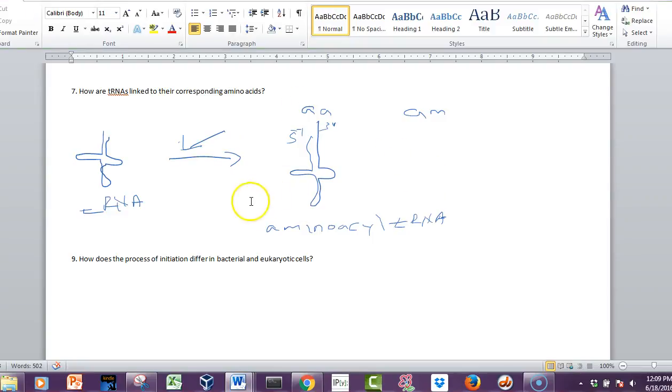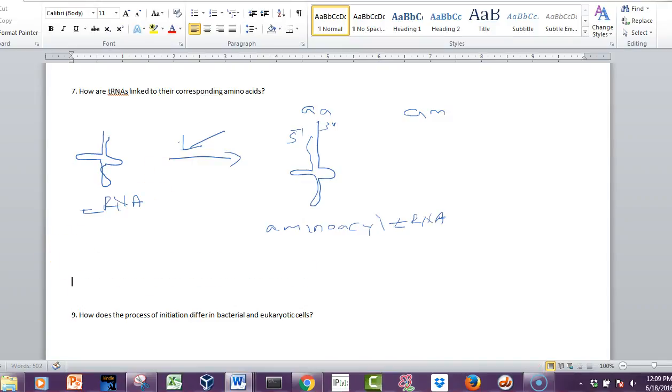So the enzyme that does this is an aminoacyl tRNA synthetase, because it's an enzyme that synthesizes aminoacyl tRNAs.